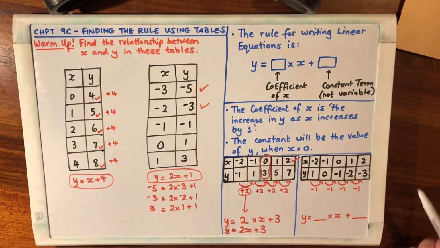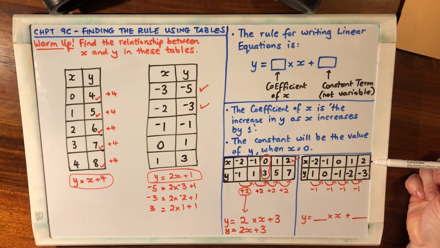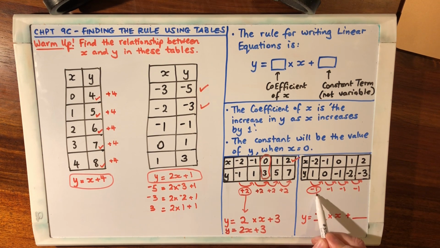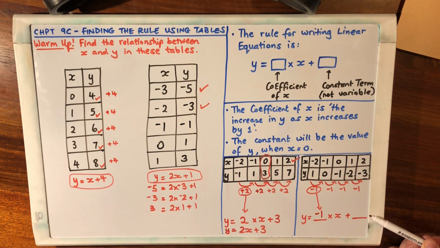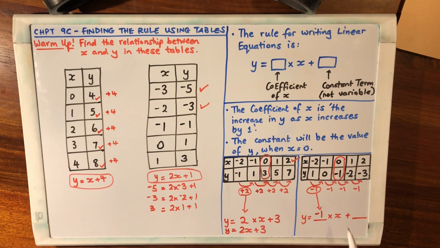So that's the coefficient when x is increasing by 1: y is decreasing by 1. That's going to be our coefficient of x. And the constant is going to be the value of y when x equals 0, and that would be -1 in this case.